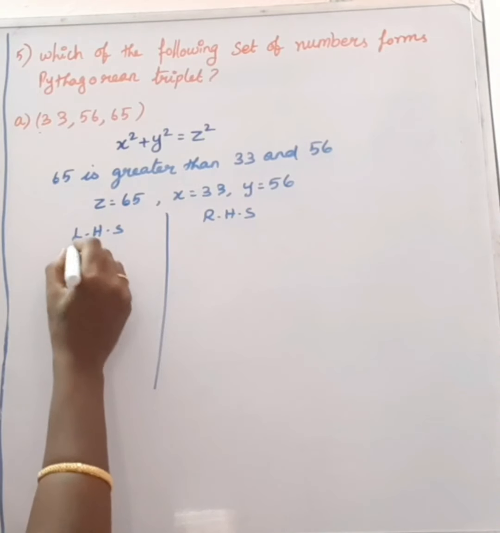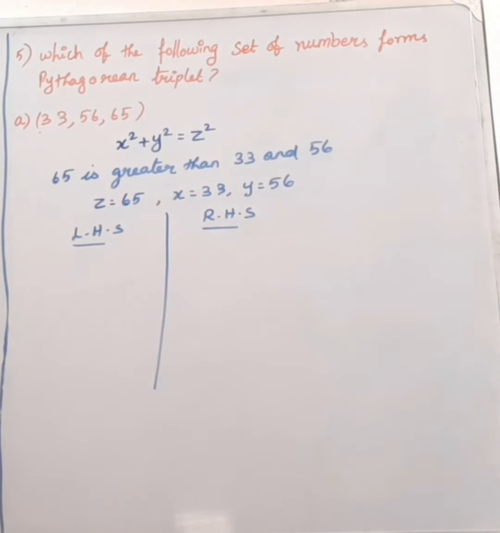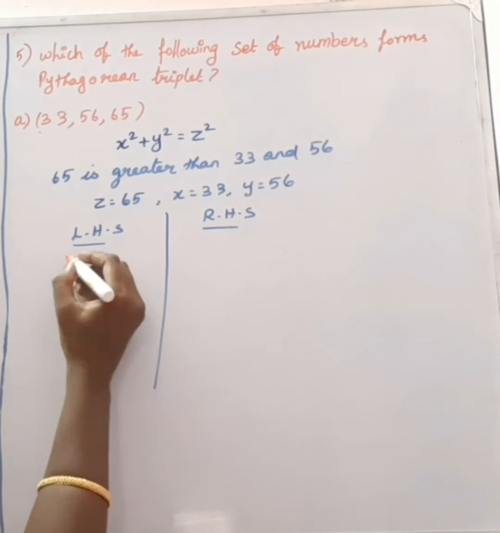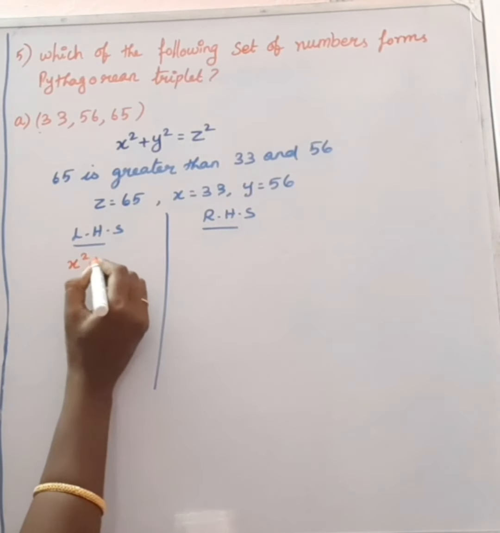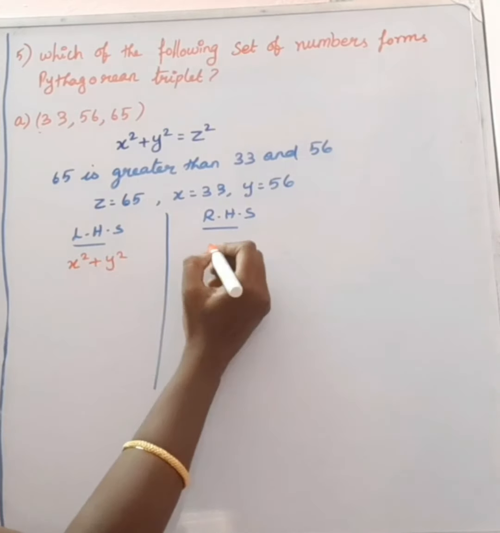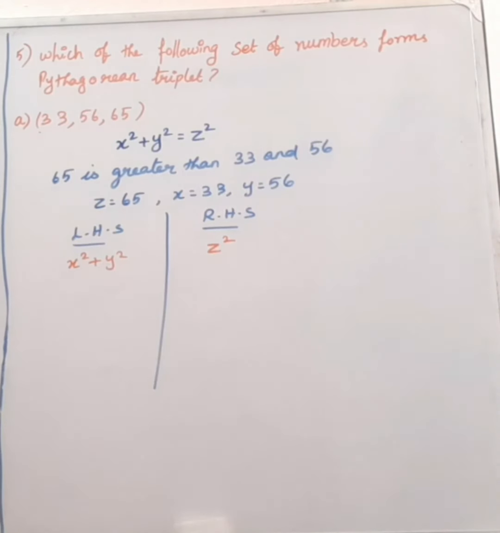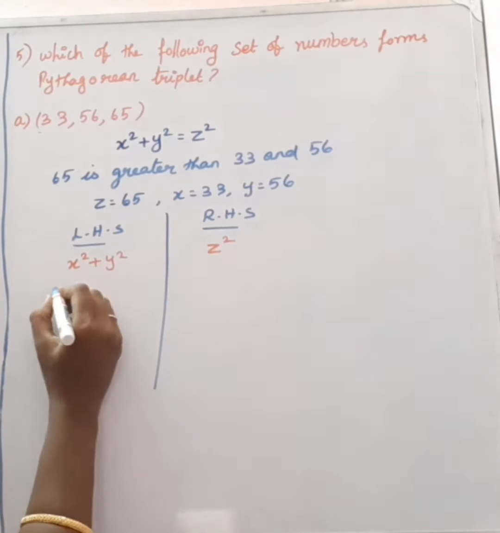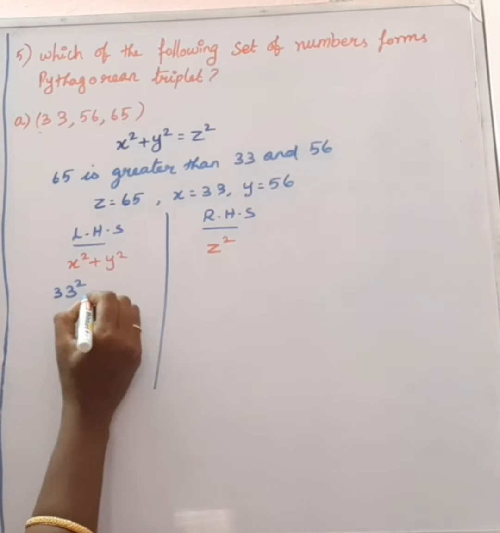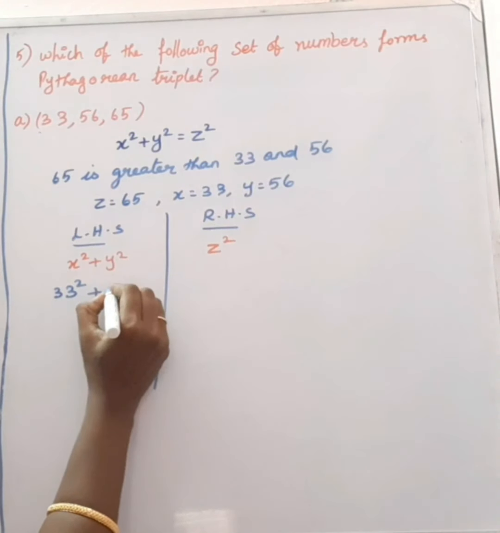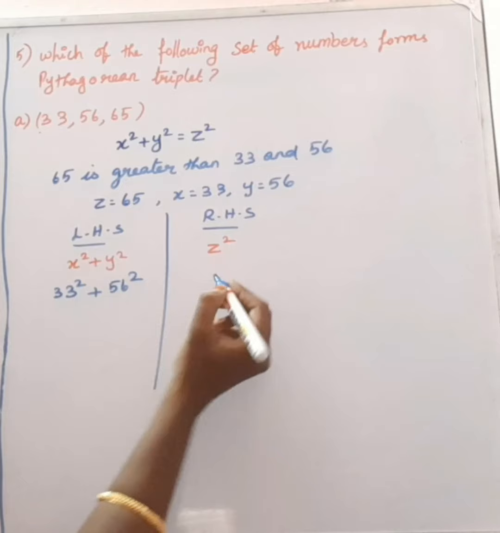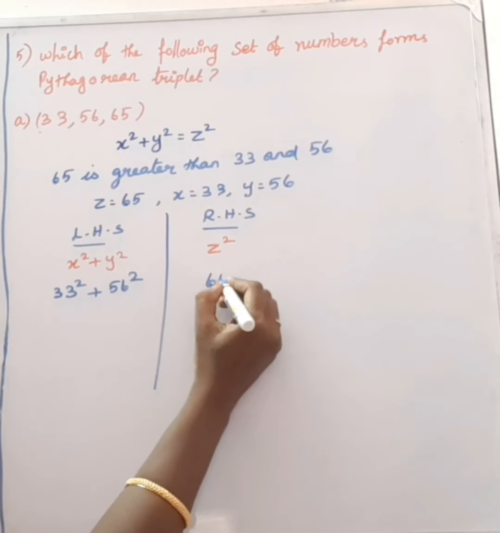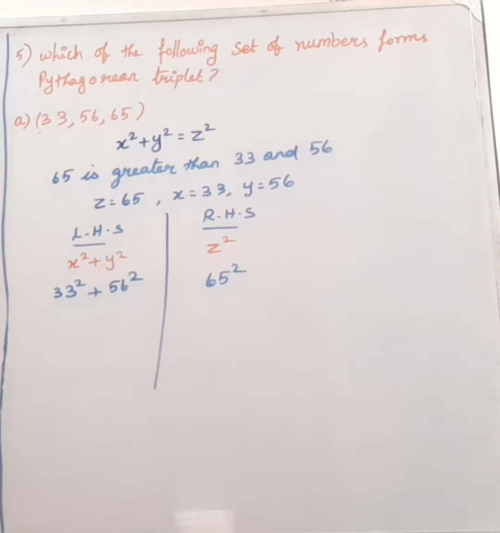So what is LHS side and what is RHS side? So formula of LHS is x squared plus y squared. RHS is z squared. Okay. Now, what is the x value? 33 squared plus y value 56 squared. z value 65 squared.